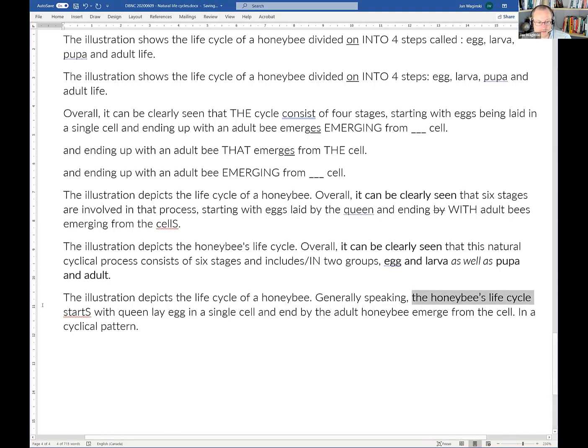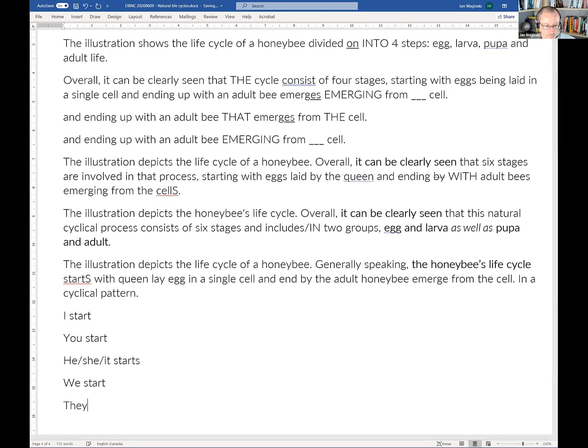That's your subject, and then this is the verb, right? Okay, so then the verb should be with s. It has to be with s. I start, you start, it starts. So this always confuses people because there's no logical reason for this.